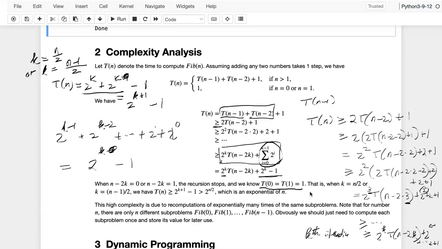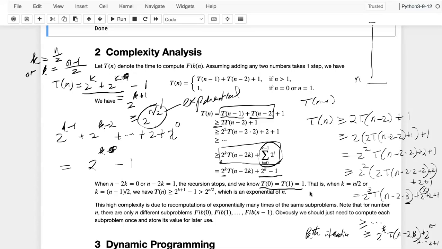All right, so as you can see here, this will be greater than or equal to 2 to the n over 2. So this is exponential. And from the previous drawing, we know that the height of that tree is n, and each time we have to repeat the computation of the same problem twice.